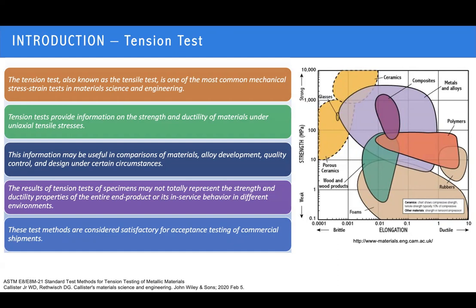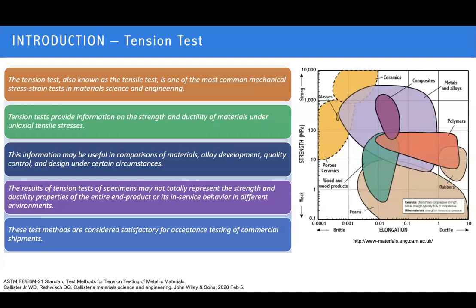This information is very useful when we compare materials, and when we add alloying elements, and see how we can increase the strength and how we can increase the ductility. These are things for engineering the material. So this mechanical stress-strain test is very important.